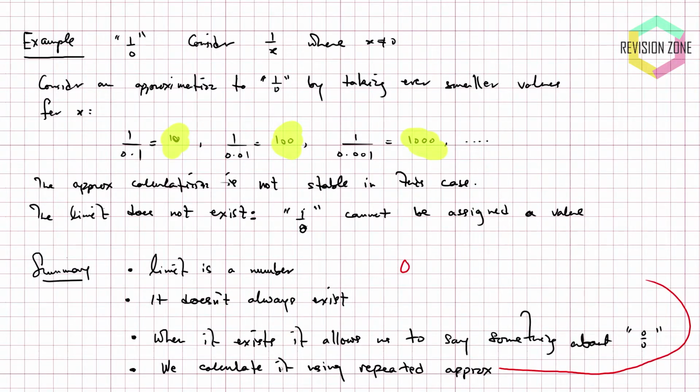So only when the approximation calculations are stable do we say a limit exists?